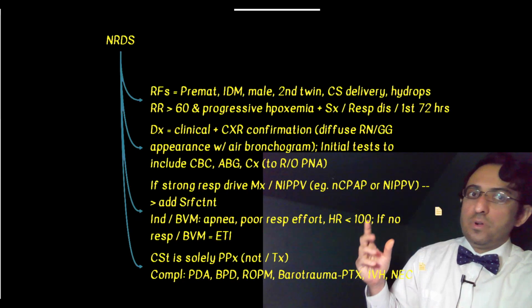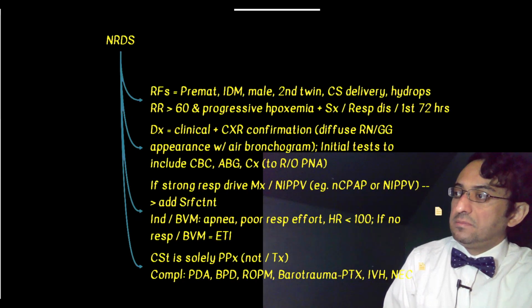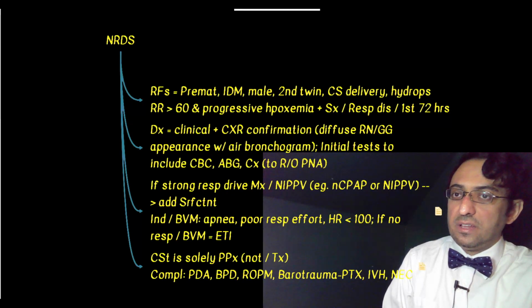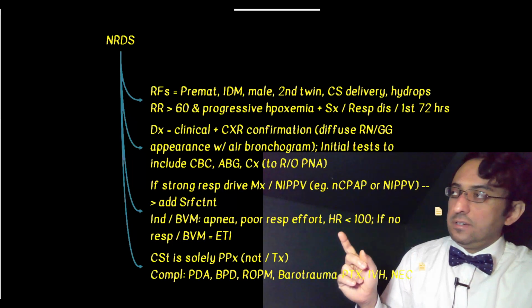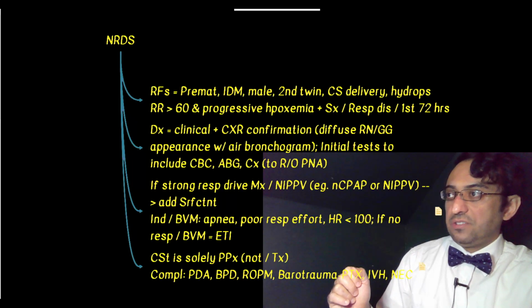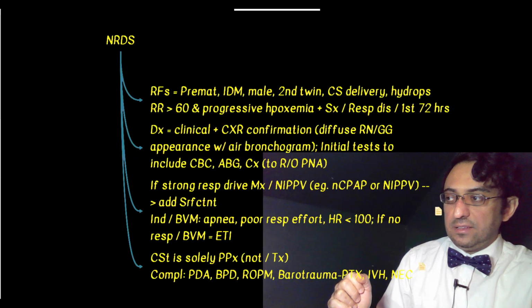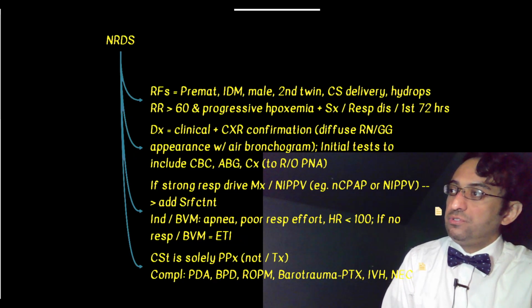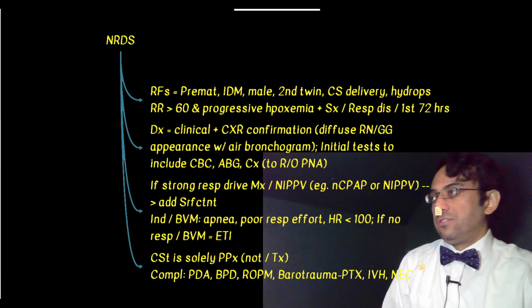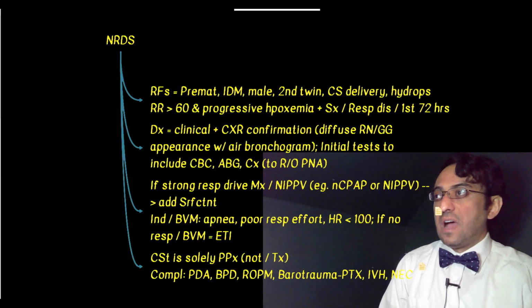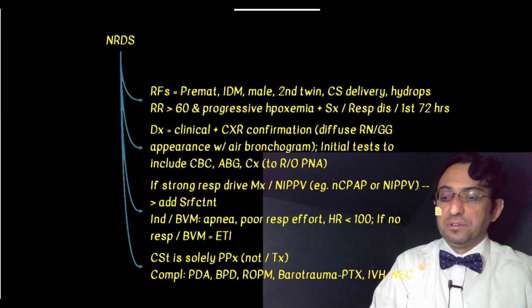What's the important point when we titrate the oxygen supplementation in neonatal respiratory distress syndrome? In order to avoid oxygen toxicity, we need to titrate SpO2 to levels 90 to 95%, not more than that, corresponding to a PaO2 of 55 to 65 millimeters of mercury.